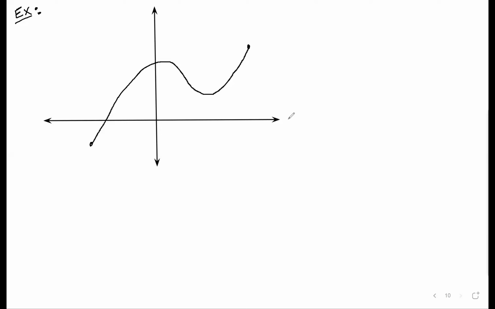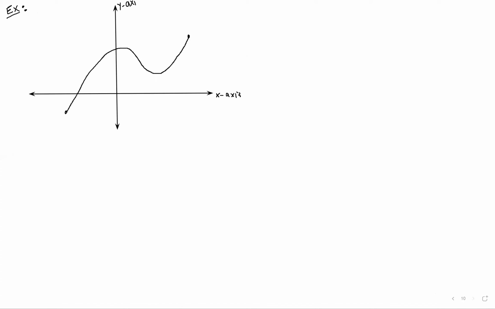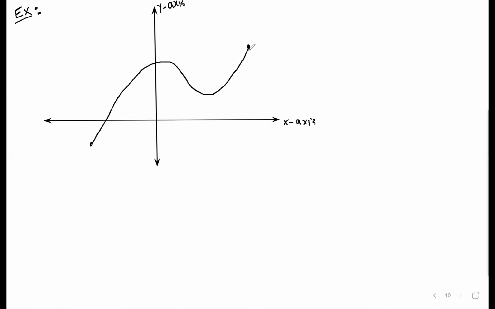This is the x-axis. This is the y-axis. This is 1, 2, 3 here. The value for 1 is 25.